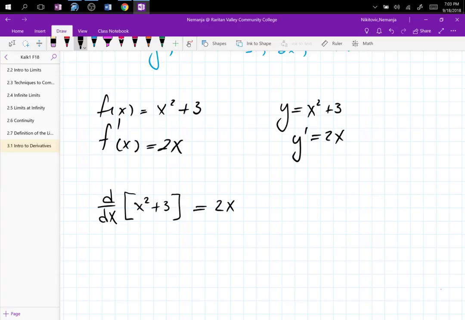You can use whatever you want. You can do 100% of your problems using this notation here. A correct answer is a correct answer. The only time I get annoyed is when you put the derivative equal to the function. It actually happens in one case. The derivative of e to the x is e to the x.